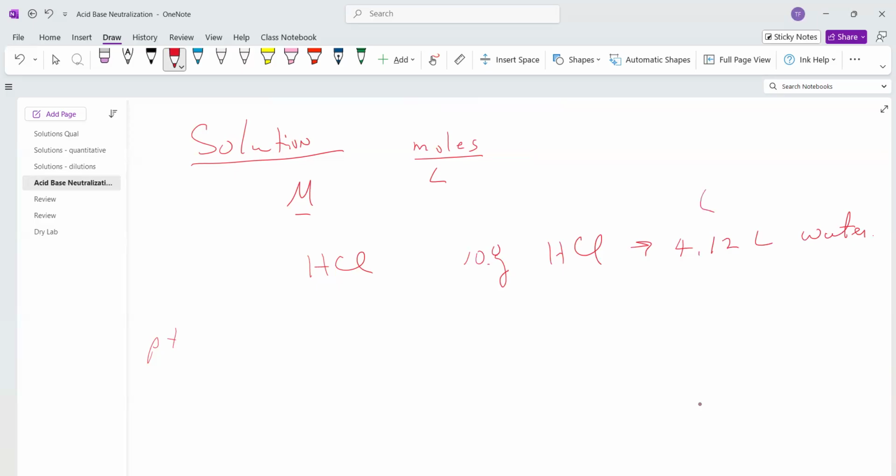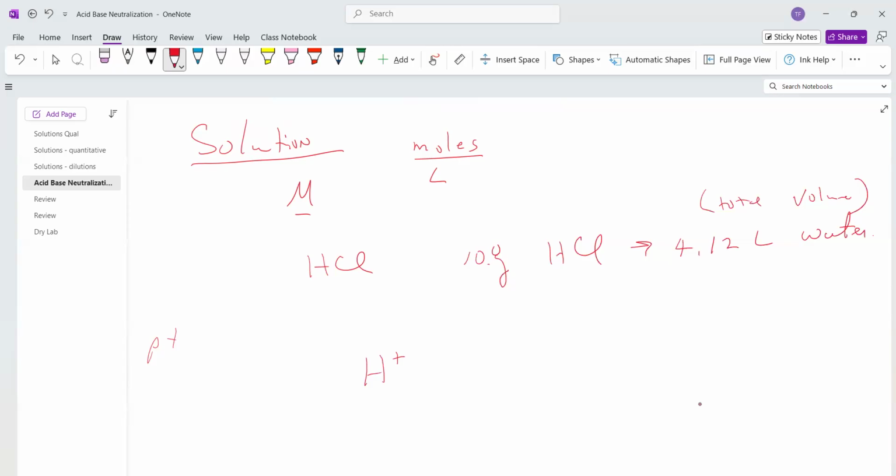That's total volume now. Total volume of 4.12 liters. What is the hydrogen ion concentration?